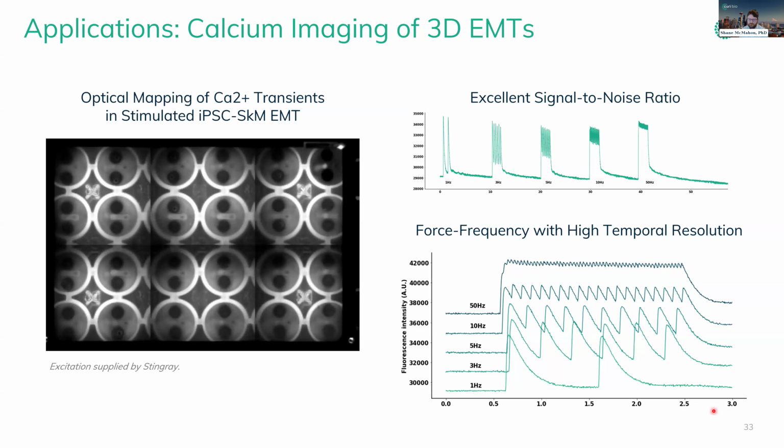This is an important application because there are several disease models where the deficits become more apparent and exaggerated at higher stimulus frequencies, but also calcium and force summation during higher frequency stimulus is a hallmark of tissue maturity.